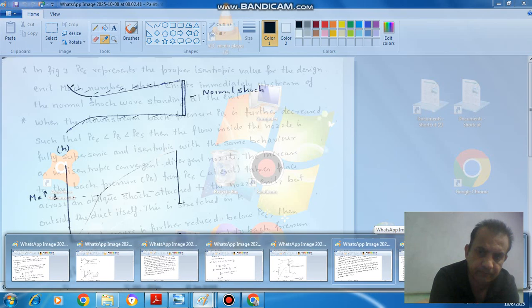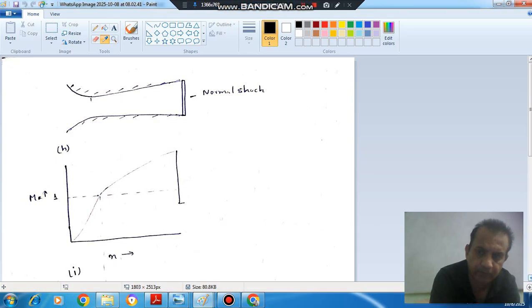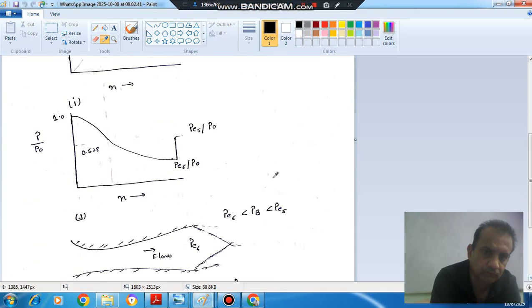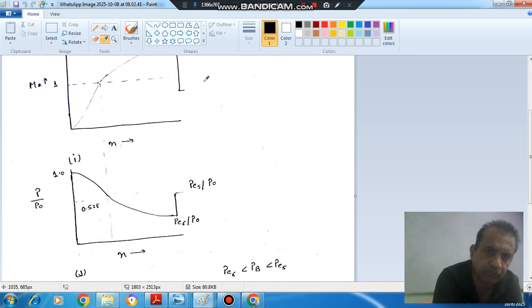So here PE5 is the pressure behind the shock at the design Mach number. So this is the design Mach number, and after shock the Mach number will reduce from supersonic value to subsonic value.